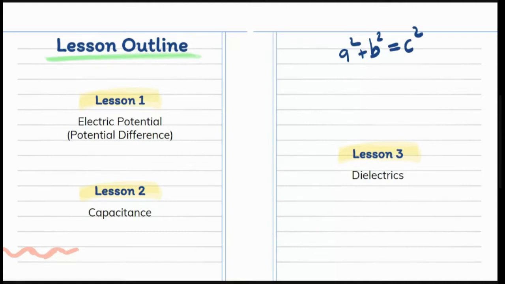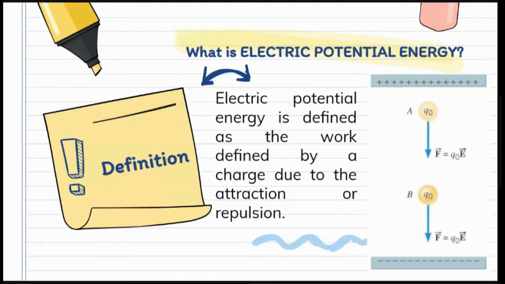To begin with, let's begin with electric potential. Before understanding what is electric potential, we need to understand first what is electric potential energy. So electric potential energy is defined as the amount of work done by a certain charge. And this work done by a certain charge is caused by the attraction and the repulsion of the charged particles.